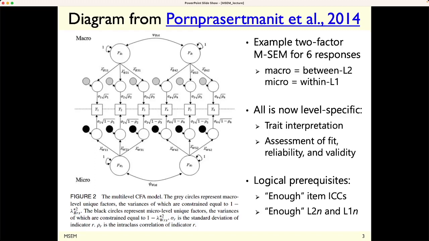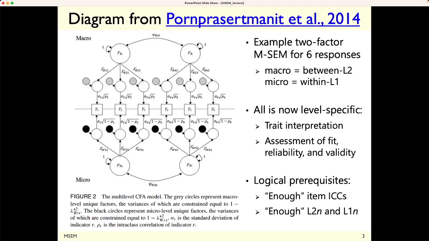So the process of saying, hey, is this cognition, or is this just working memory, or is this just some set of this? That is validity, right? And that usually relies on some kind of external evidence. Well, this factor is related to this other thing, but not as much to this thing, so that means I think my label is right. All of that type of investigative analysis would have to go on each level separately.